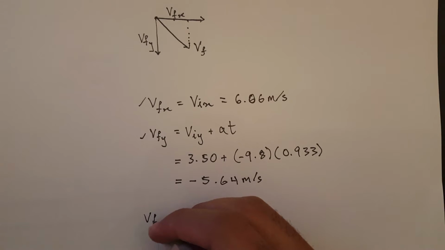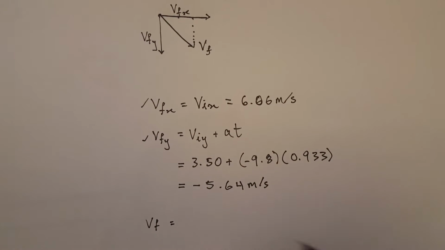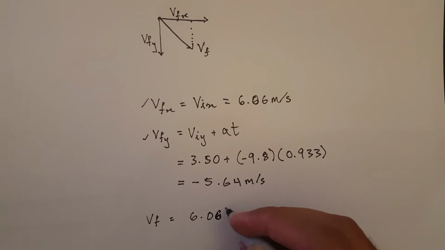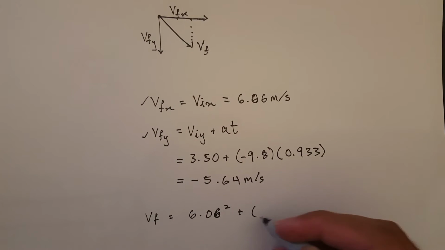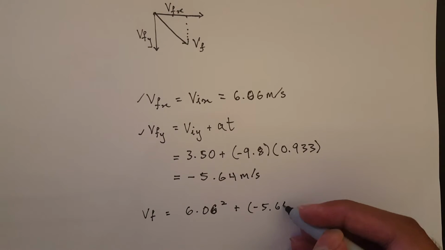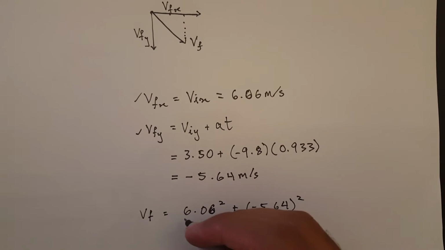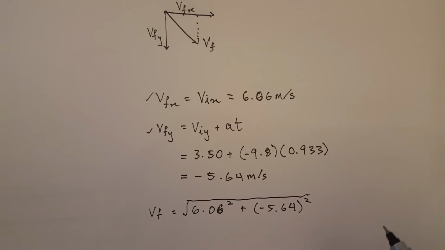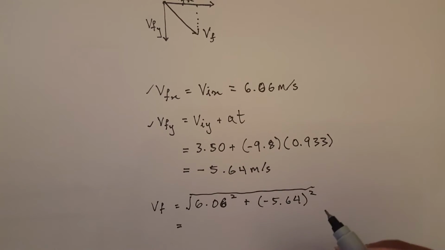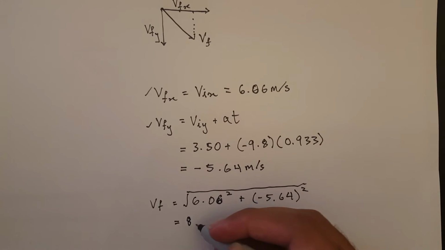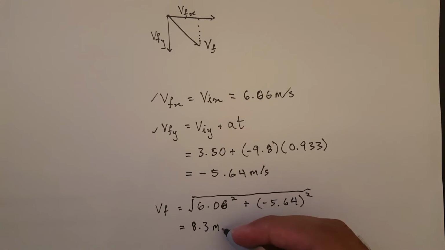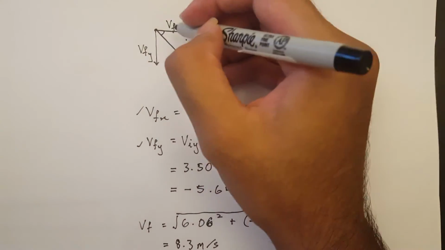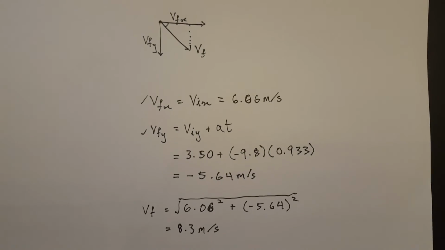So Vf is equal to 6.06 squared plus negative 5.64 squared, and you take the square root of that, and finally you will get 8.3 meters per second.